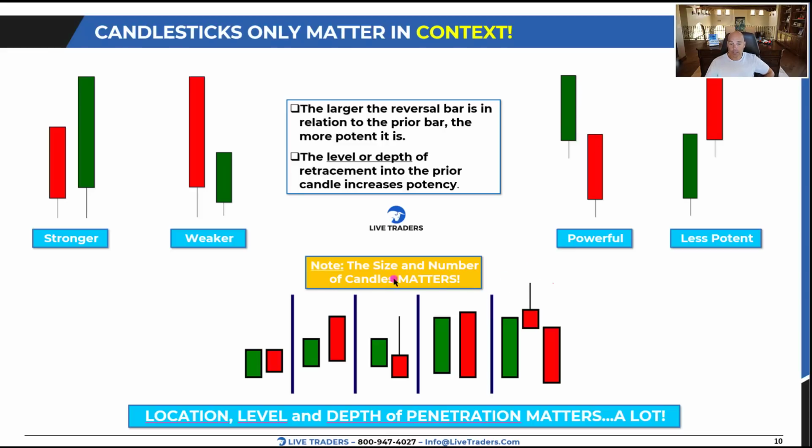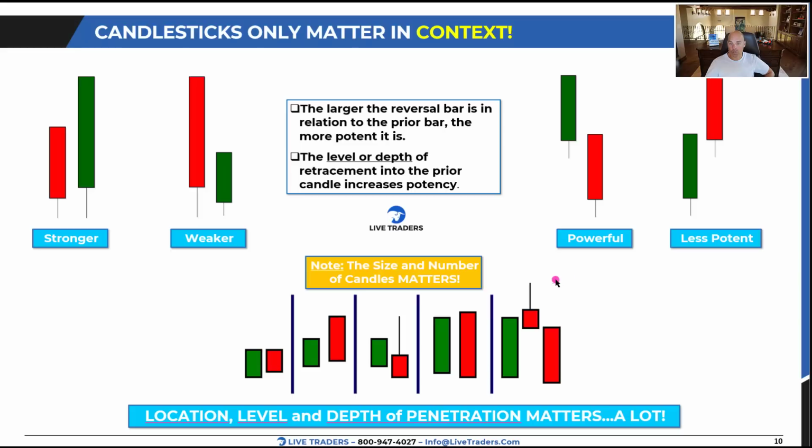So note, the size and number of candles matter. Happening over a wider, longer period of time is more potent. Happening over a wider, longer period of time and with wider range moves is also more potent, because you're taking out more of the enemy.